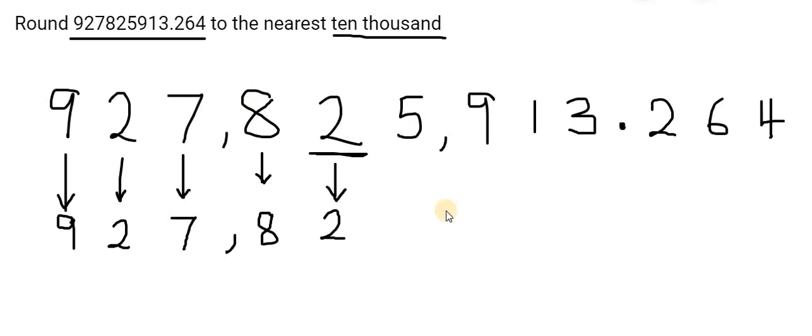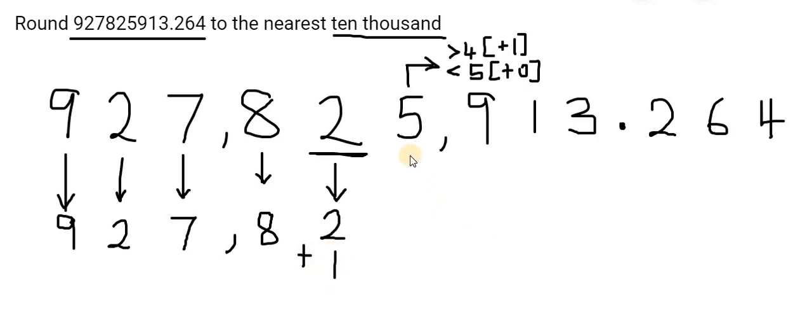Now, what do I do after I've picked the numbers I want? I check the number just after. If it's greater than 4, I add 1 to the previous number. If it's less than 5, I add 0 to the previous number. In this case, 5 is greater than 4, so I add 1 to the previous number, which is 2, and the remaining numbers convert to 0.